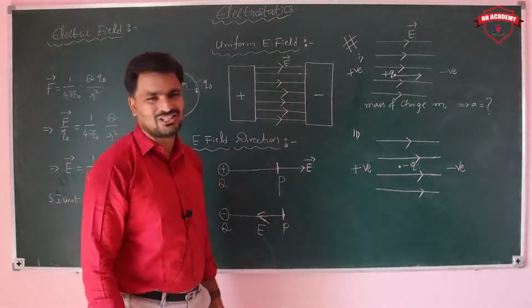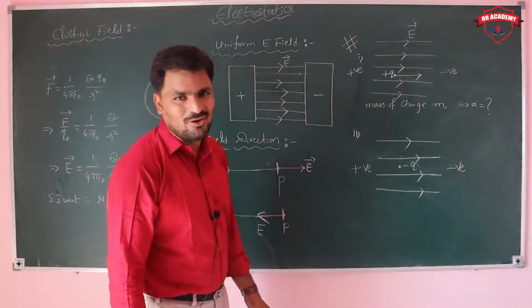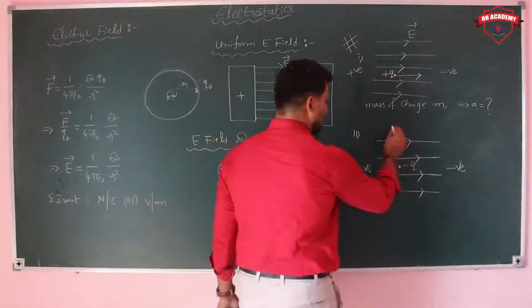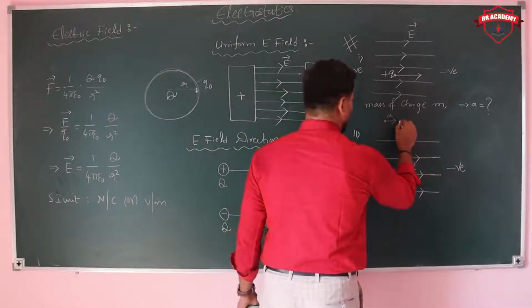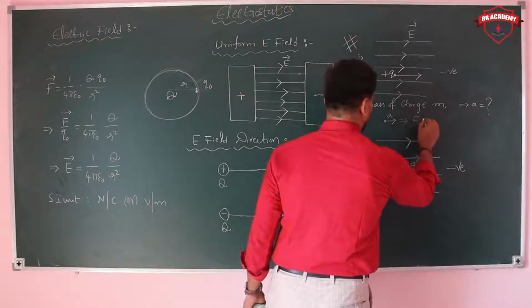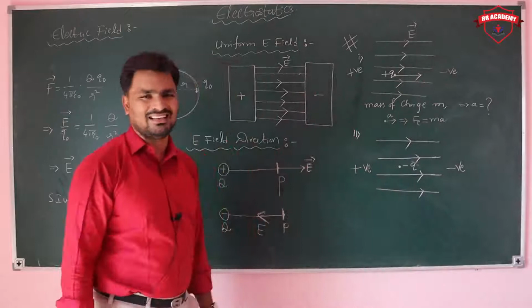If they are asking the acceleration of the charged particle, let's see what forces are acting on it. The particle accelerates because of the electrostatic force. Then electrostatic force equals mass into acceleration.